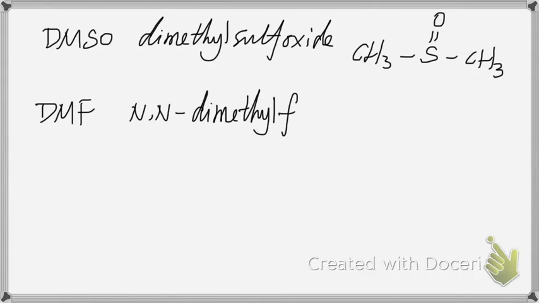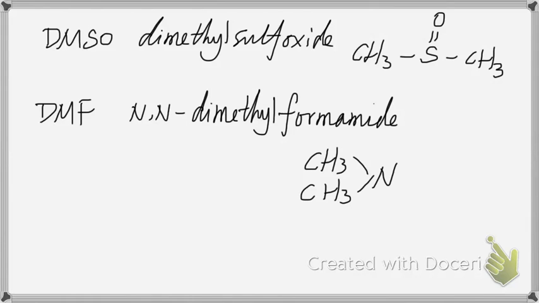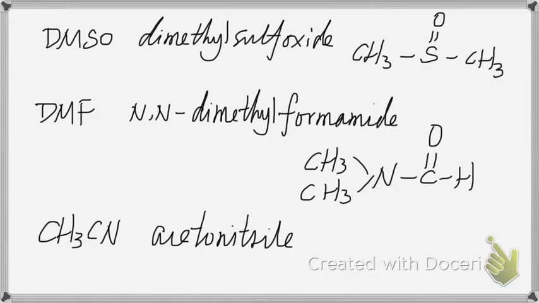The next one, DMF, N,N-dimethylformamide. 2 methyl groups attached to the nitrogen, which is linked to an aldehyde functional group. This is actually an amide. It's a formamide. The third one, CH3CN, acetonitrile. So these three are very commonly used polar aprotic solvents for SN2 reactions.